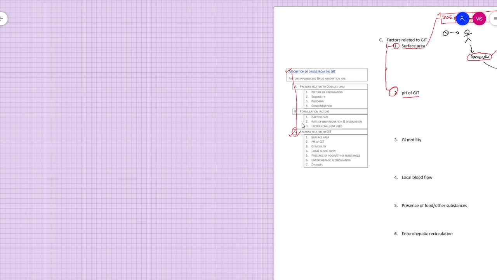So let's remind ourselves again where we are now. We are talking about the absorption of drugs from the GIT. We're looking at factors related to GIT. We covered surface area, and now we are looking at pH of GIT. Okay, so let's bring it up here.